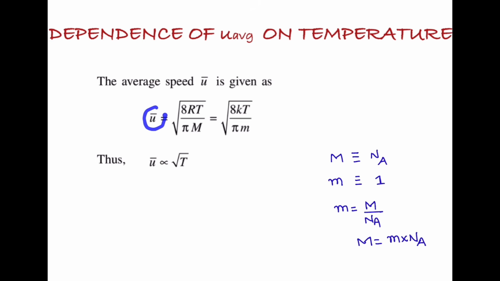This is the average speed of the gas molecule, and this is absolute temperature. 8, k, pi, and the mass of the molecule are all constant. As a result, we can conclude that U average is directly proportional to the root of absolute temperature of the gas. U average is directly proportional to root over T.